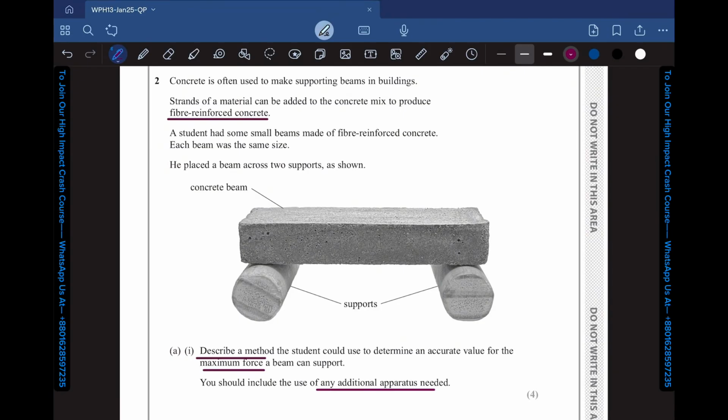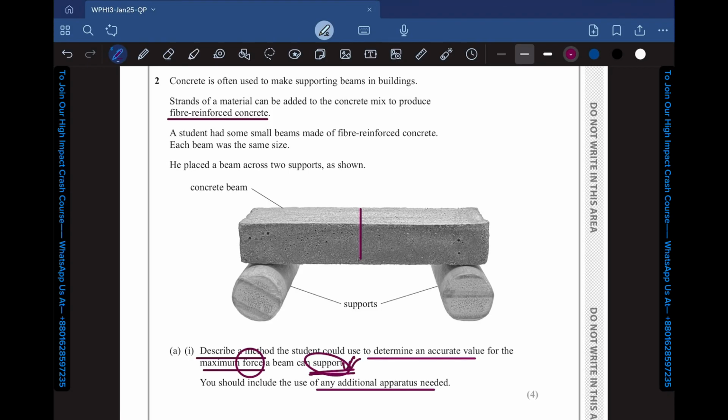So basically, to determine an accurate value of the maximum force the beam can support, that means the maximum force that the beam can endure before breaking, as they have mentioned about the force, we can say the maximum weight that the beam can endure before breaking is what, how much it can support, right?